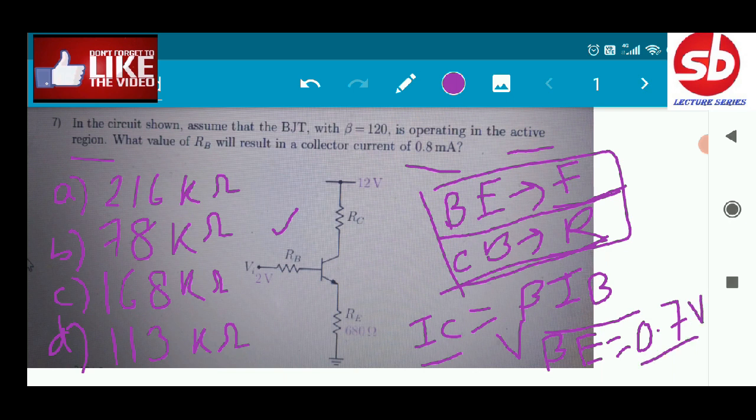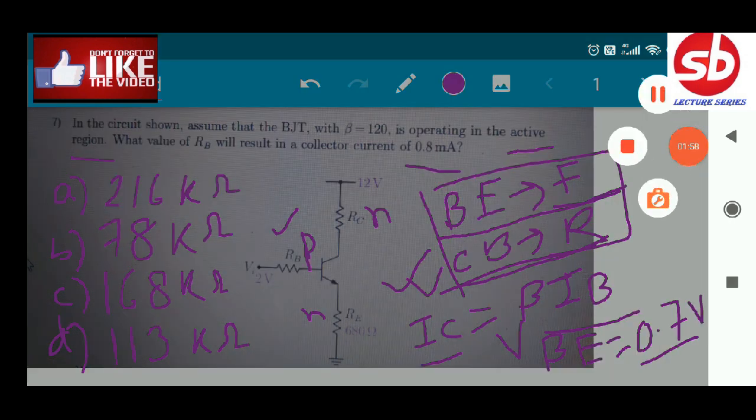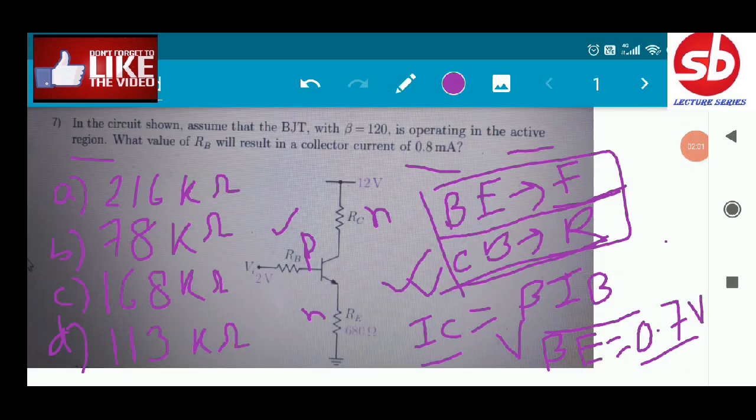This is N, this is P, and this is N. So the first approximation is IC equal to beta IB, and VBE equal to 0.7 volt. That means the transistor is in the active region.